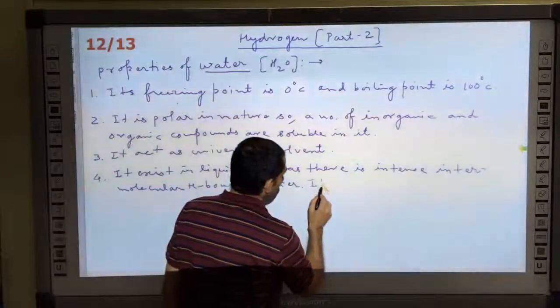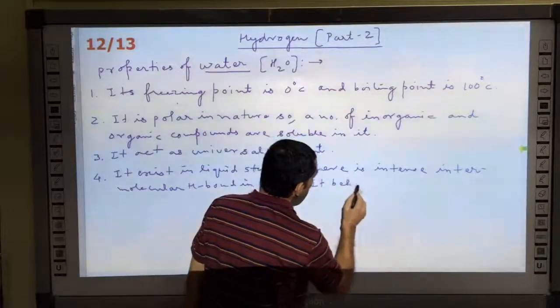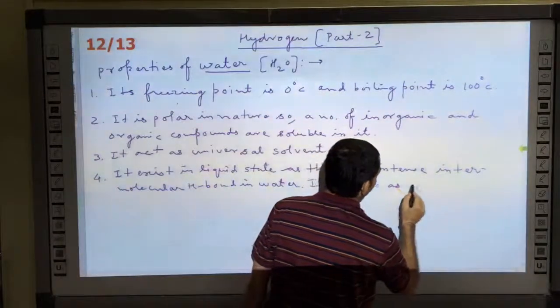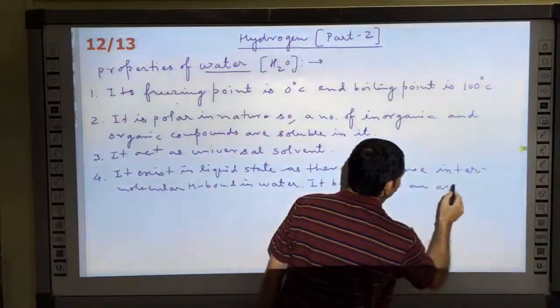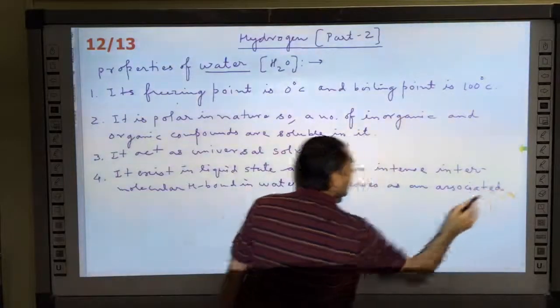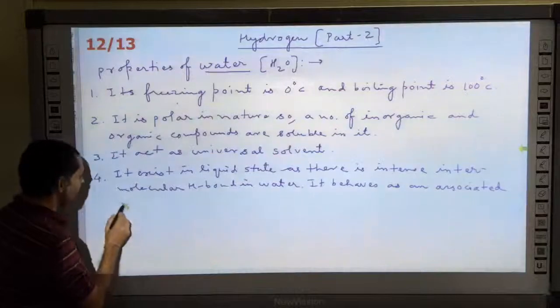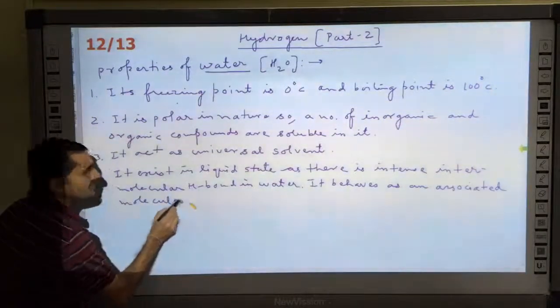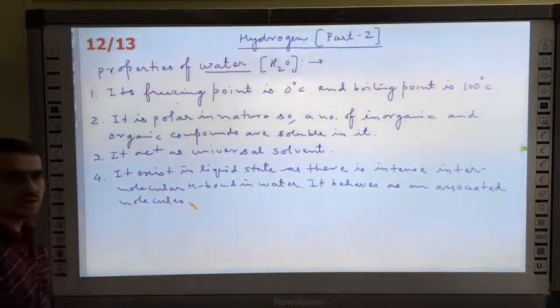It behaves as an associated molecule. A number of water molecules are joined with each other. Why? Due to hydrogen bonding. So it behaves as an associated molecule.